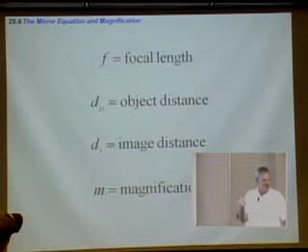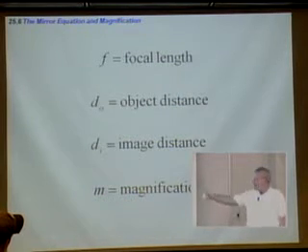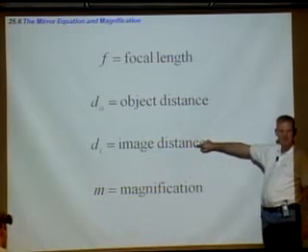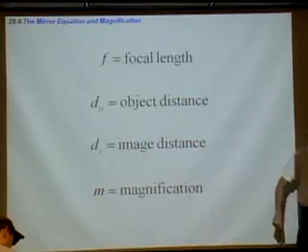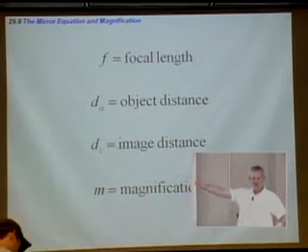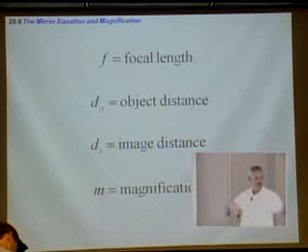Your first idea is it'd be convex because I know they're all virtual. However, didn't we have a concave mirror where it also had a virtual image? So anytime you got a virtual image, the distance of the image is negative. Because virtual means it's in Alice's world, not in the real world. Okay? So it's negative.